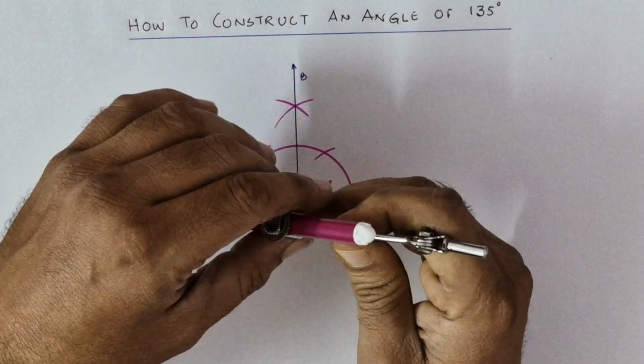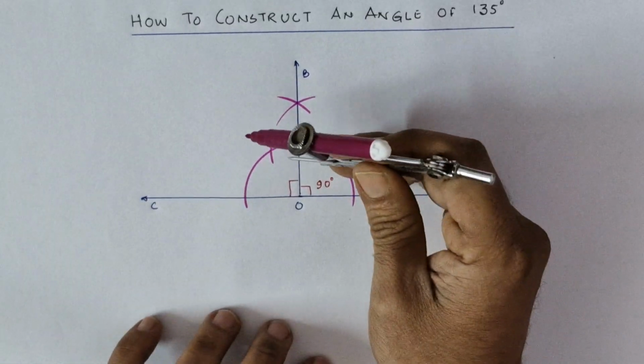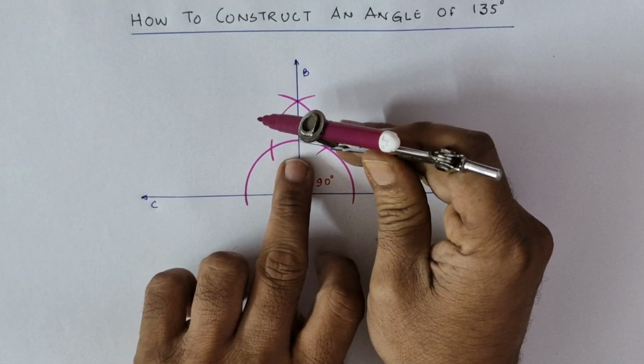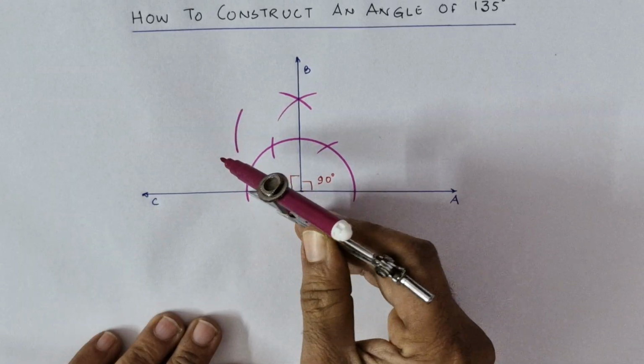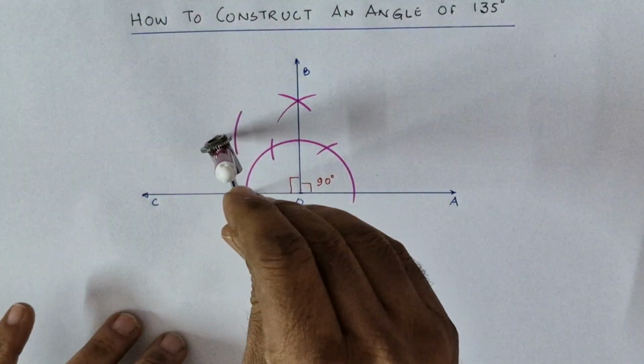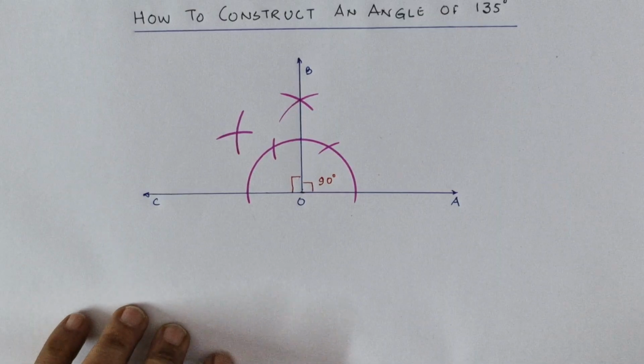Angle bisection is very easy. Take any radius with a compass, point here, draw an arc, point here, and draw an intersecting arc. Now this angle is bisected. It's very simple, the fastest way.